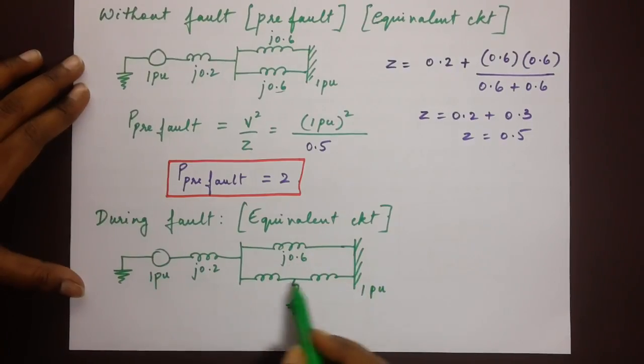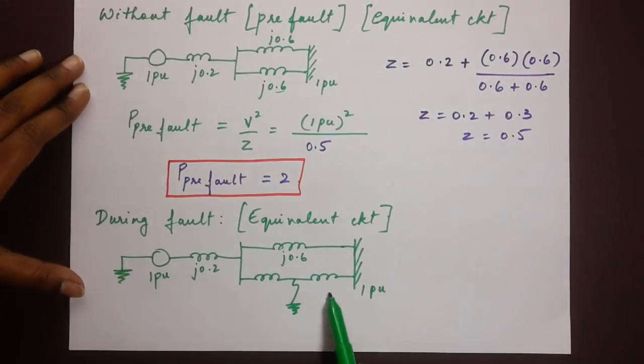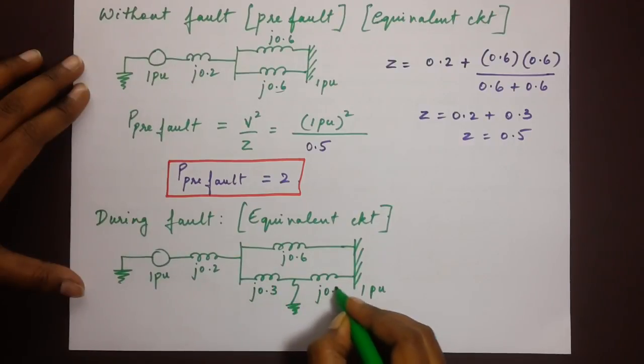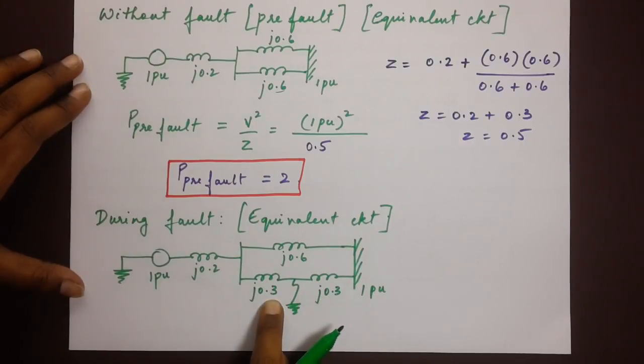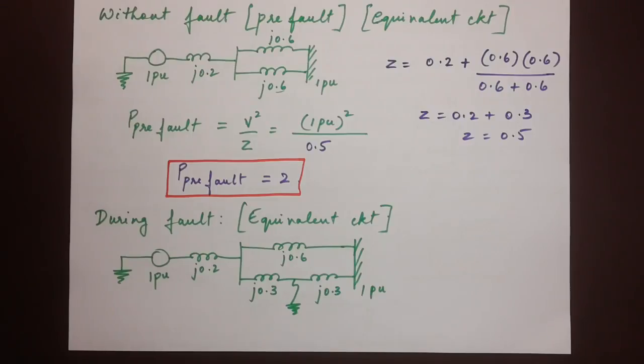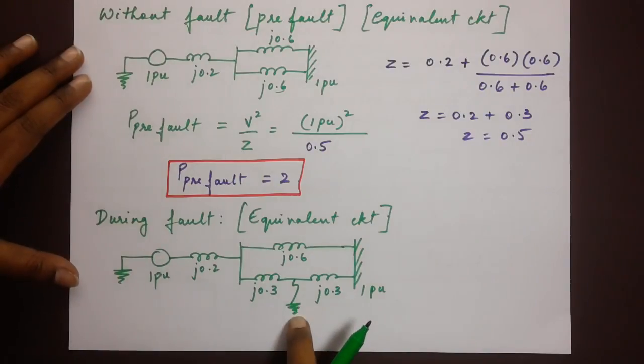So the fault has occurred somewhere in the middle of the second line. I have split this impedance into two parts, so here we have 0.3 and here we have 0.3. You can consider it as 0.2 and 0.4 if you like, or 0.25 and 0.35, any way that adds up to 0.6. But make sure that it is not too much of a difference, because the question says that it happens somewhere in the middle.